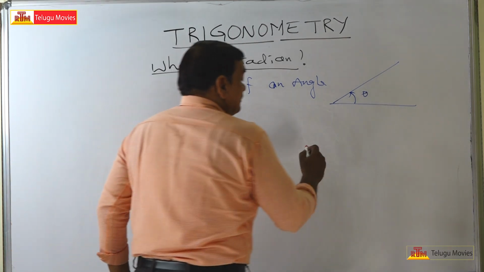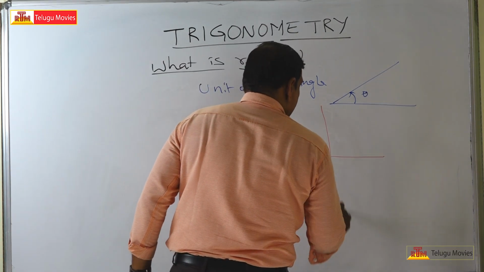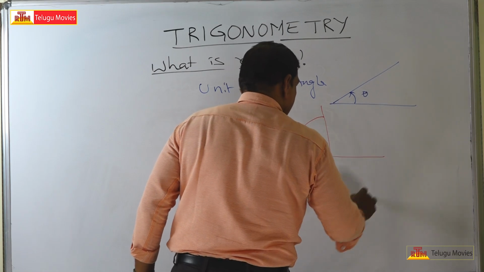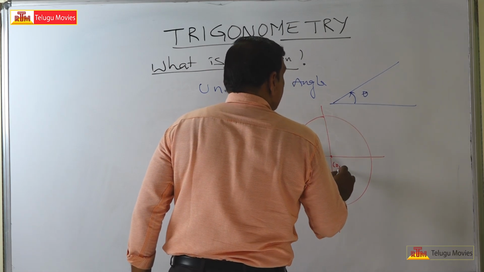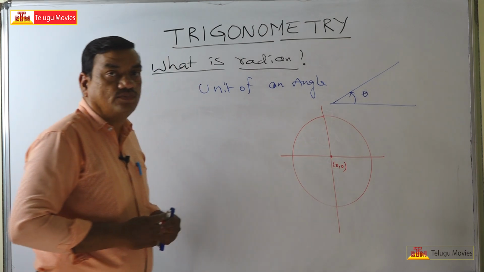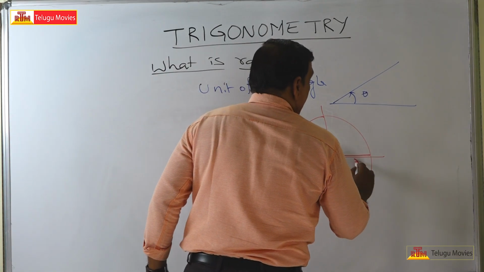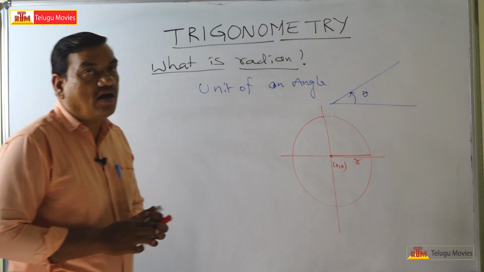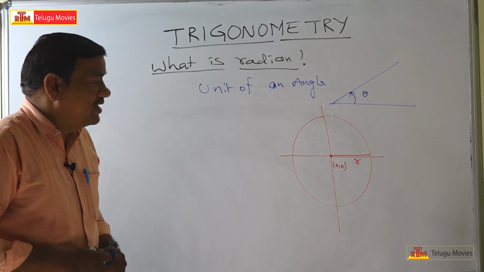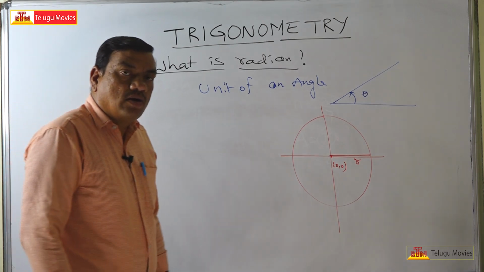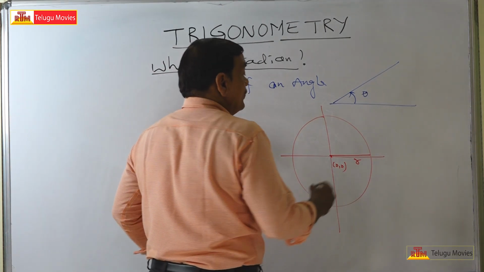Let us take a circle with the center O. Let the radius of the circle be r. Let us take an arc of length r units.